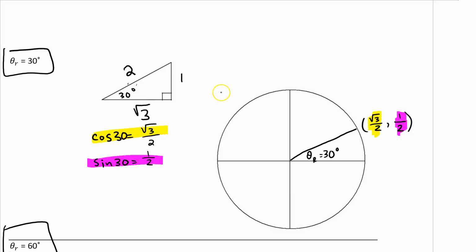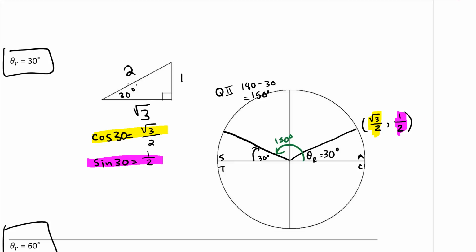So in quadrant 2, the related angle is going to be 180 minus 30, which is going to be 150 degrees. This right here from here to here is 30 degrees. That means from 0 to this arm right here is going to be 150 degrees. So I'm just going to use what I know of the CAST rule, C-A-S-T.